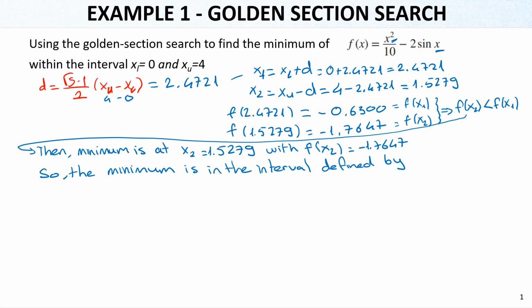That's why the interval will be defined by xl, x2 and x1 as xu in the next iteration.